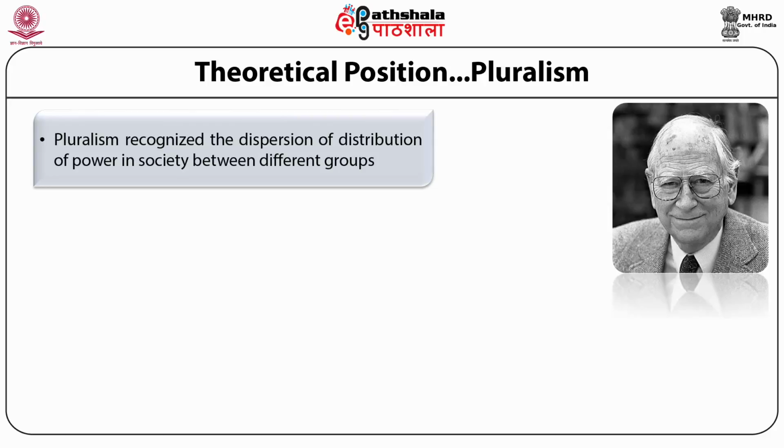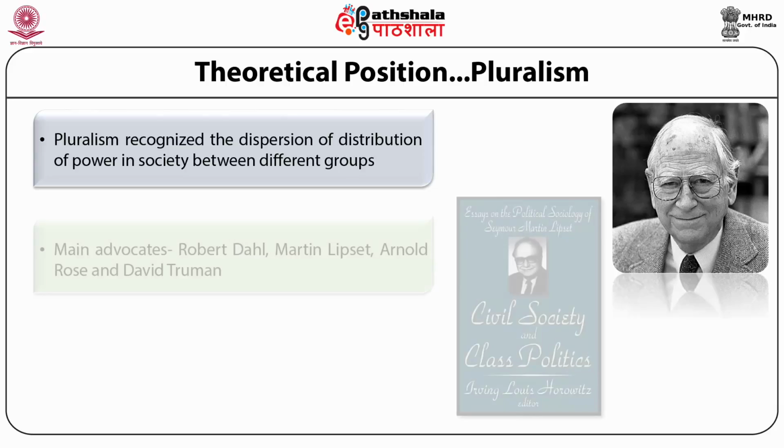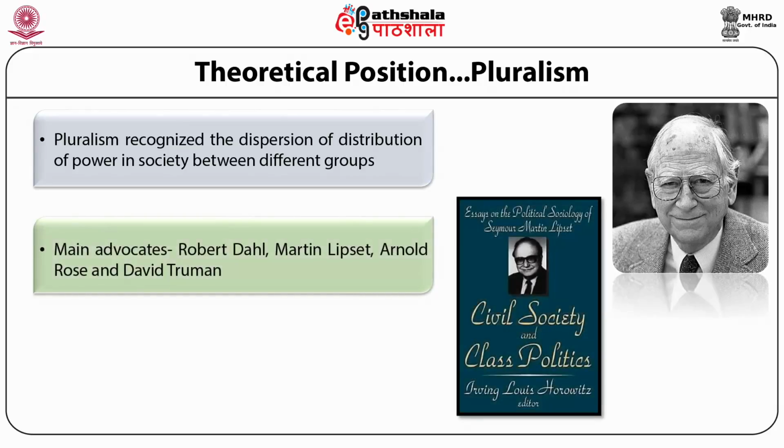So power and authority is not concentrated in elites, rather it is exercised by different groups in the society who, by virtue of their power and position, compete for access to resources and benefits of the state. The main advocates of this theory are Robert Dahl, Martin Lipset, Arnold Rose, and David Truman.